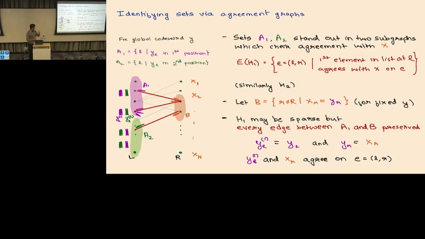Now the nice thing to notice is that H1 only has a subset of edges. I didn't pick all the edges, maybe only a subset. But I will pick every single edge between A1 and B. Because if there is an edge which goes between A1 and B, because it goes to B, X is right on that edge. And because the left endpoint is in A1, the first choice was the right one to make on that vertex.